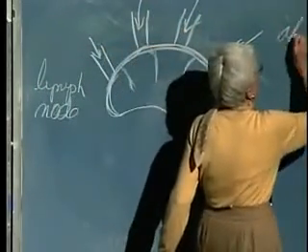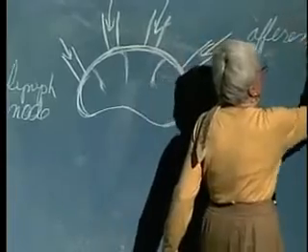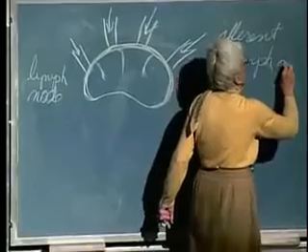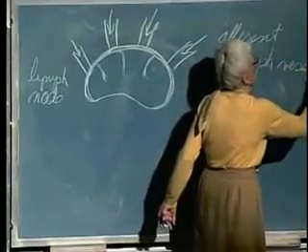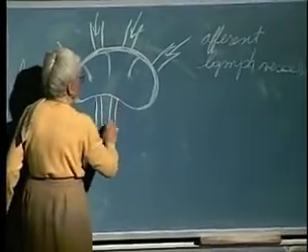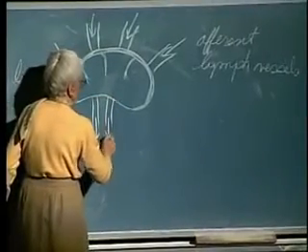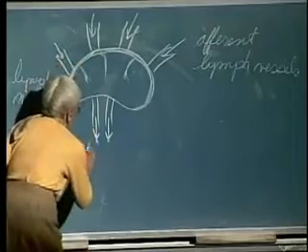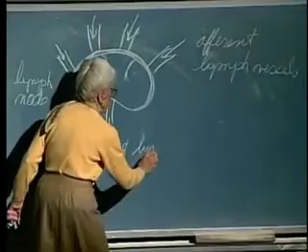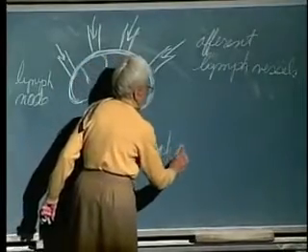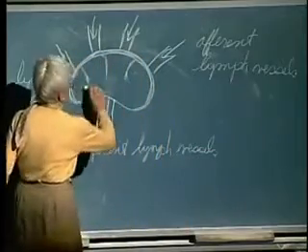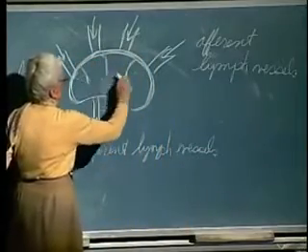These are afferent lymph vessels. And we'll have efferent lymph vessels. E for exit. Efferent. And again, we'll have a reticulum because we're going to be filtering lymph.